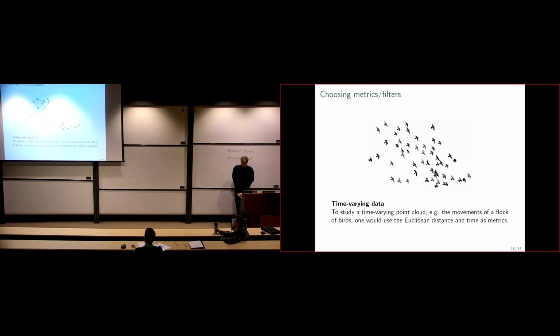I will give you an example of this in a minute. Using multi-persistence, you can account for this, and it will result in a 3-parameter module where you look at time and the Euclidean distance, but time has to be formulated in terms of intervals, and that's why you get a 3-parameter module instead of a 2-parameter module.